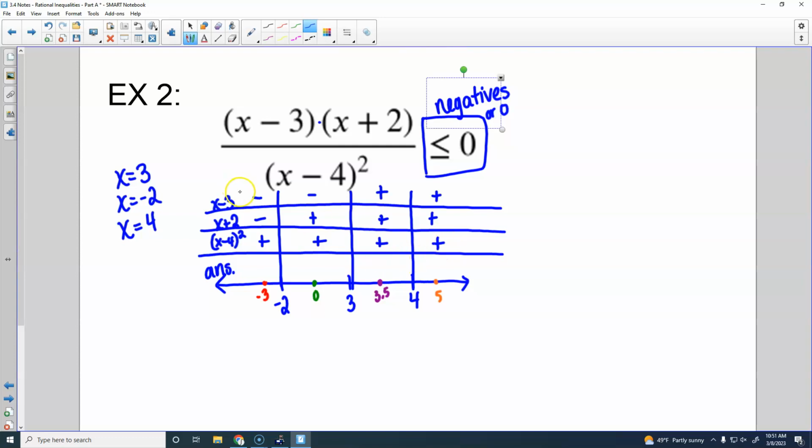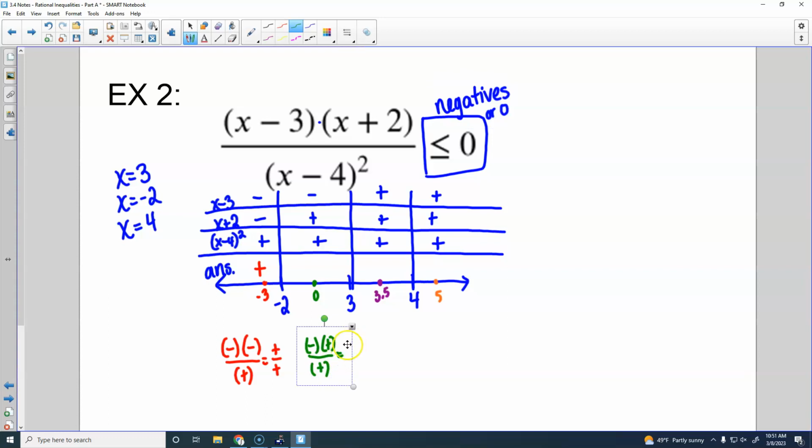So if we think about what we're doing here with our chart, I've got, in this segment right here for -3, what I'm going to end up with is a negative number times a negative number over a positive number. Okay? What's the negative on times negative on top going to give me? A positive. Positive over positive will be positive overall, right? For my green I'm going to use green for this next section. Plugging in 0, I would have a negative times a positive over a positive.